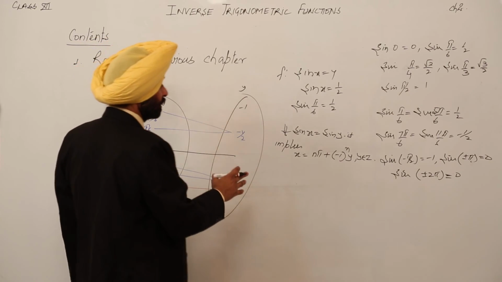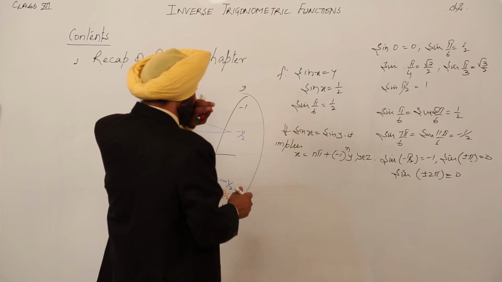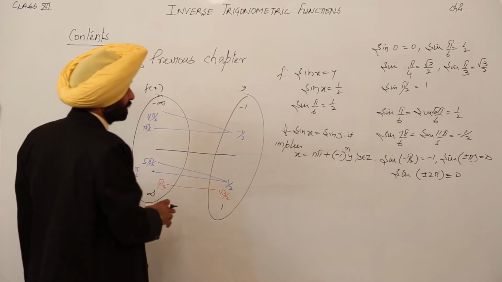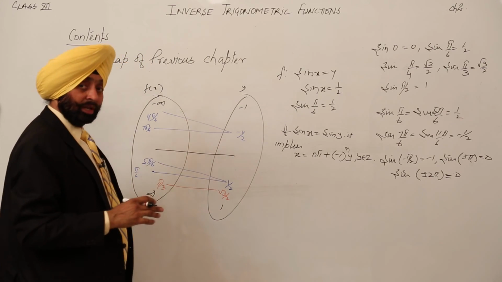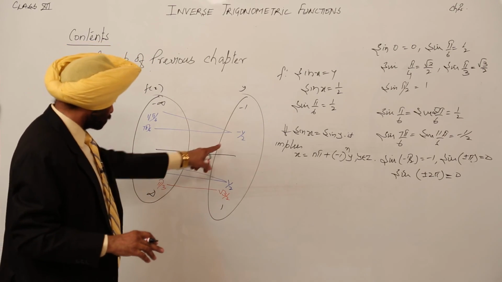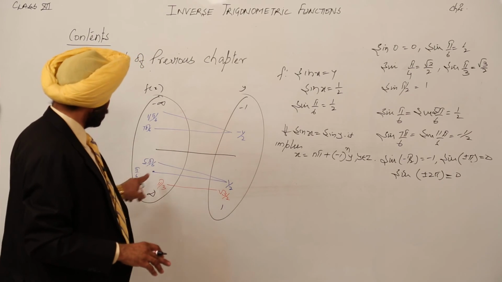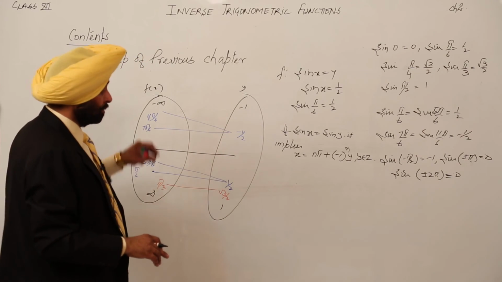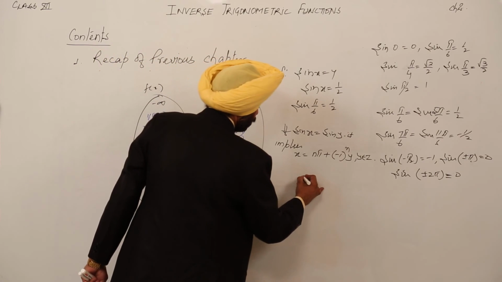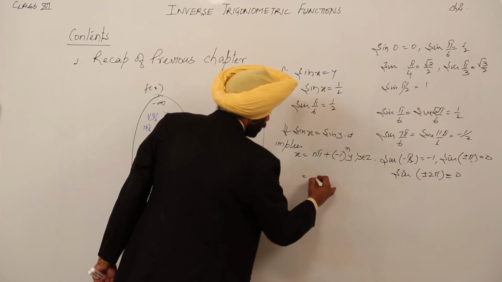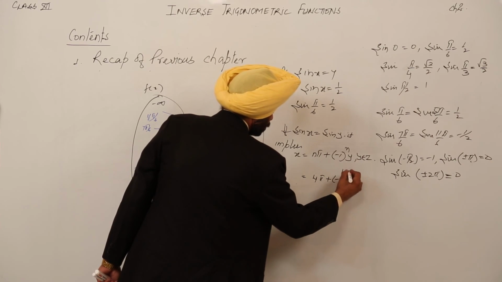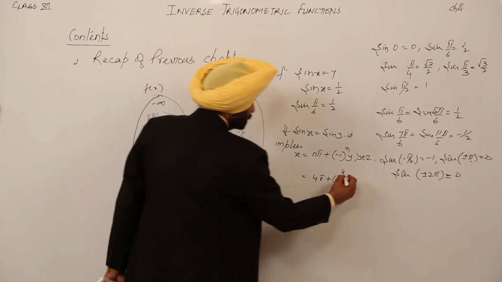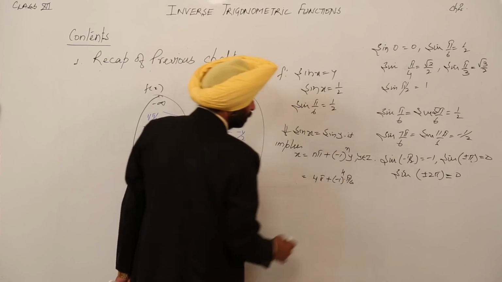So now we have sin pi by 3 is root 3 by 2, and so many values are there. Similarly we have 1 by root 2, for pi by 6 and 5 pi by 6. Now suppose n is 4: 4 pi plus minus 1 raised to power 4 into pi by 6, where y is pi by 6.